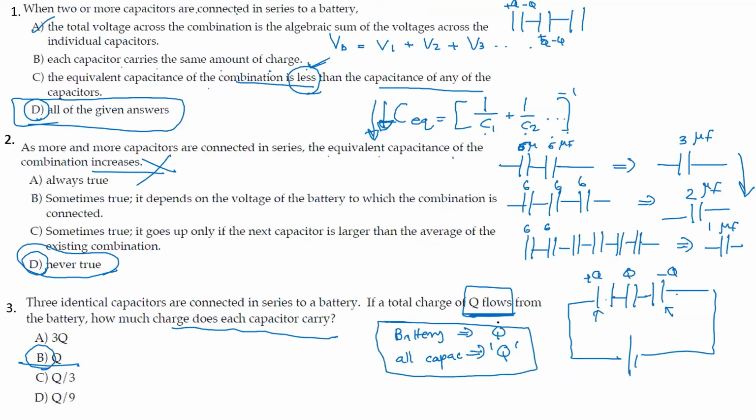So you can write this down for a series: the battery and all capacitors have the same charge. We can compare it with the parallel case when we go to that. Okay, so these were the conceptual ones.